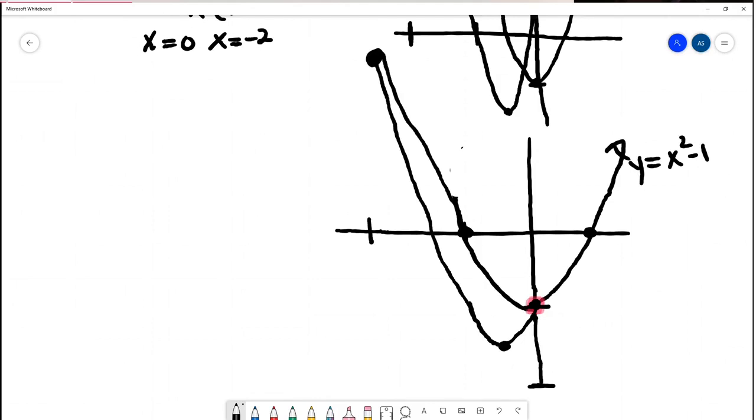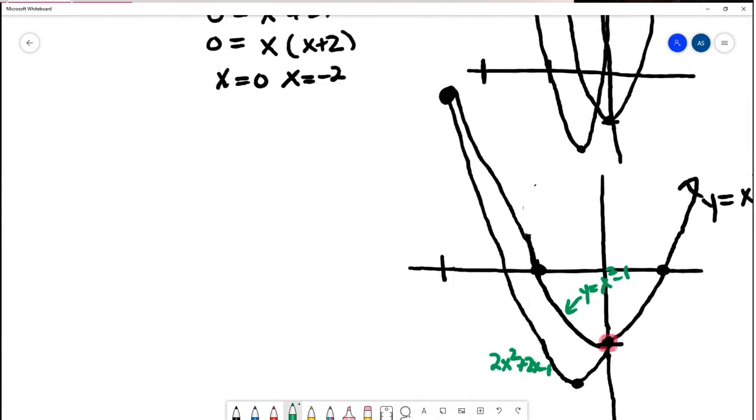But it was important to see this so that I can see that y equals x squared minus 1 is the top curve, and the 2x squared plus 2x minus 1 is the bottom curve. So now I'm able to set up my definite integral with bounds using this lower bound of -2 and the upper bound of 0.